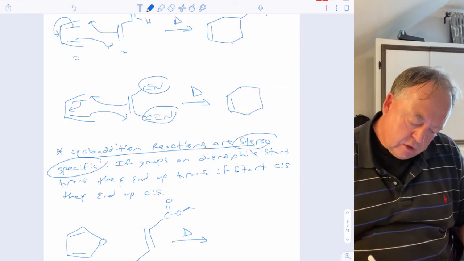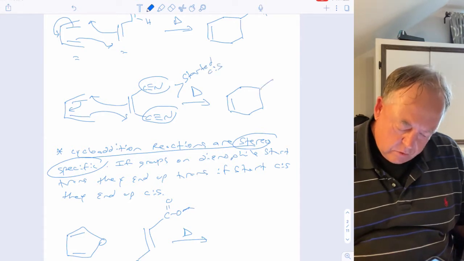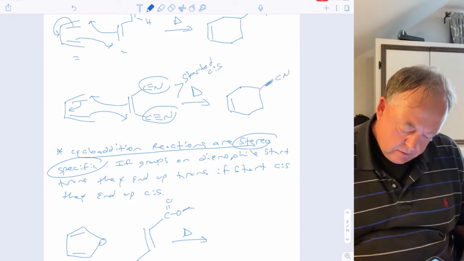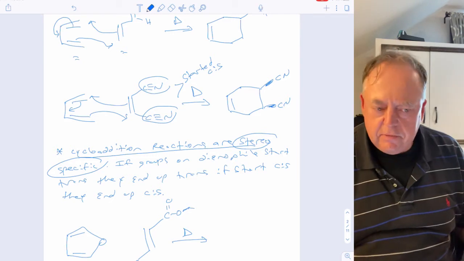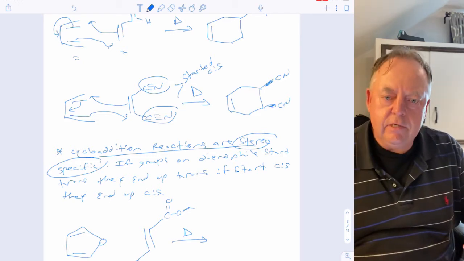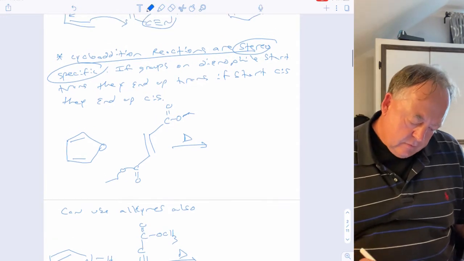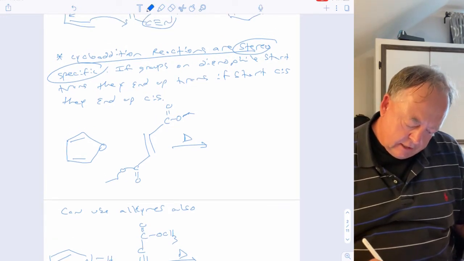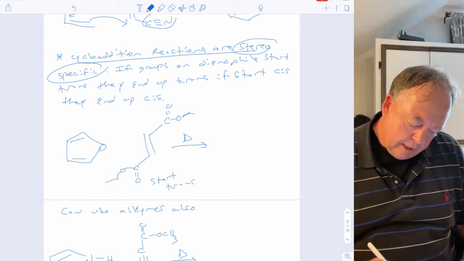These 2 groups started cis, so they will end up cis. Either both up or both down. Of course, it doesn't matter in this case because that's a meso compound, so both up and both down will be the same molecule. Or if they're trans, like in this case, they start trans, so they'll end up trans.